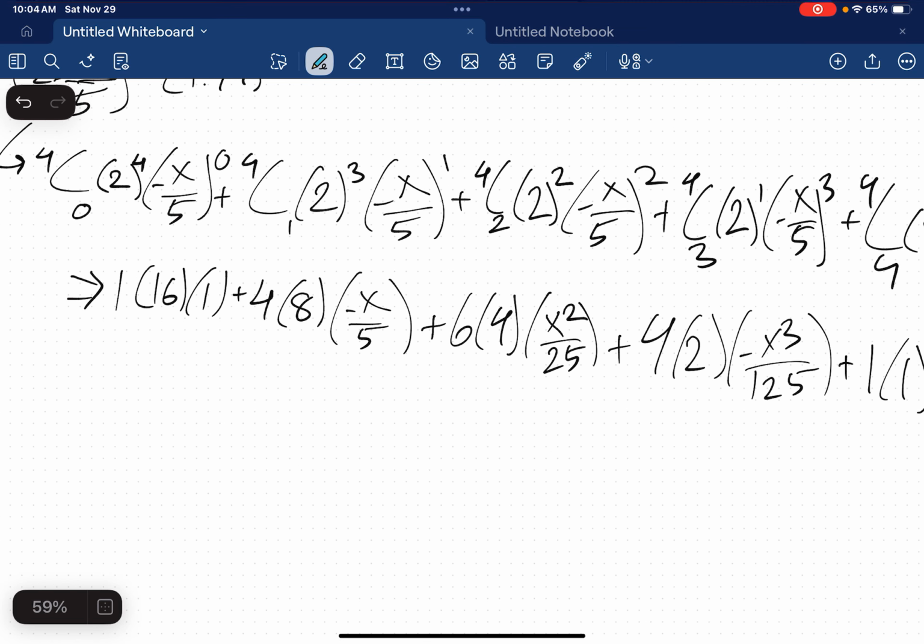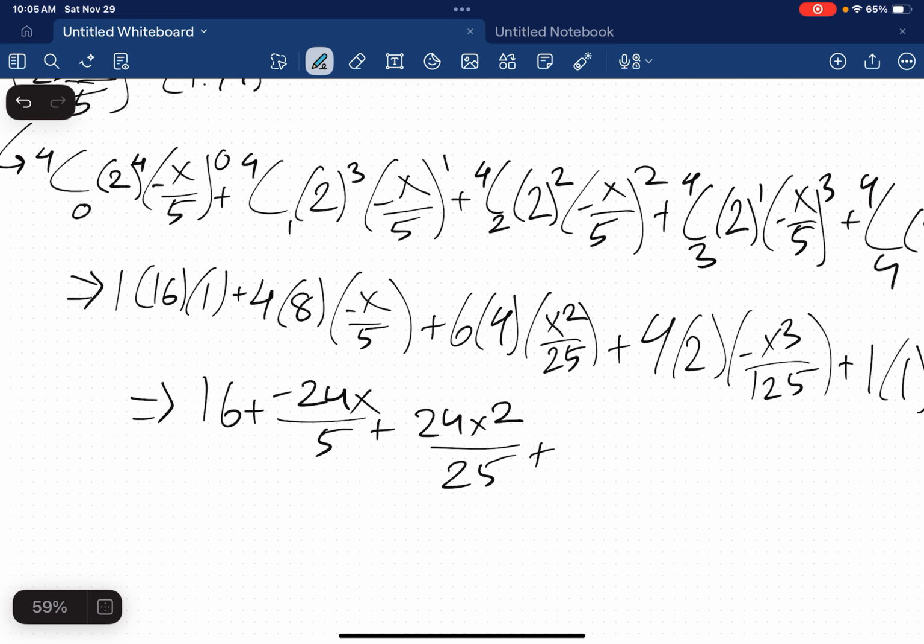And all of this is going to end up simplifying to 16 plus negative 24x over 5, or where'd that x go?